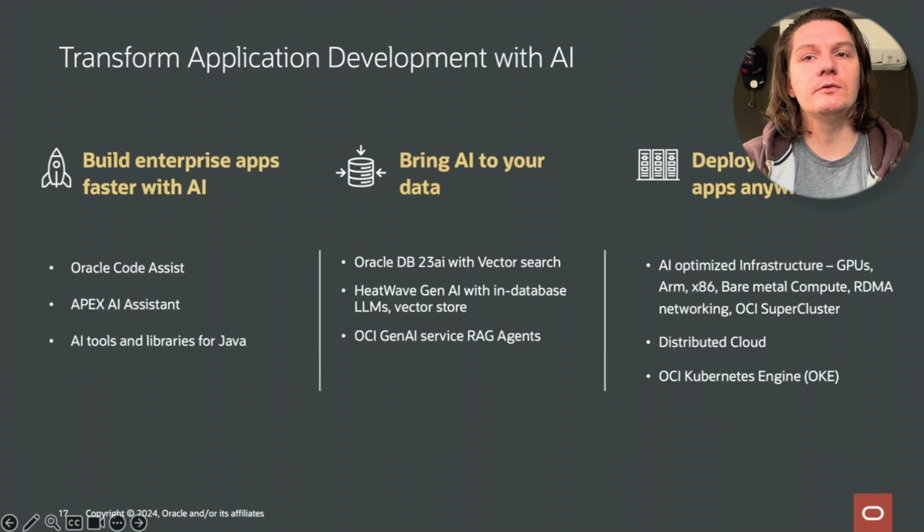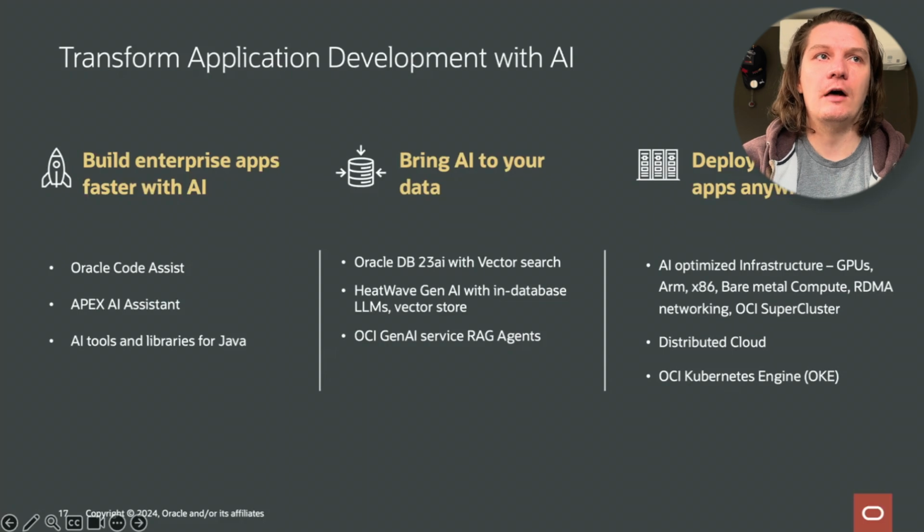That includes GPUs, ARM CPUs, bare metal machines, our RDMA network, and how we make sure that they are very fast and working in synchronous with our OCI superclusters, distributed cloud, and our OCI Kubernetes Engine as well. So this is helping us to create that AI-centric enterprise architecture and infrastructure of services.